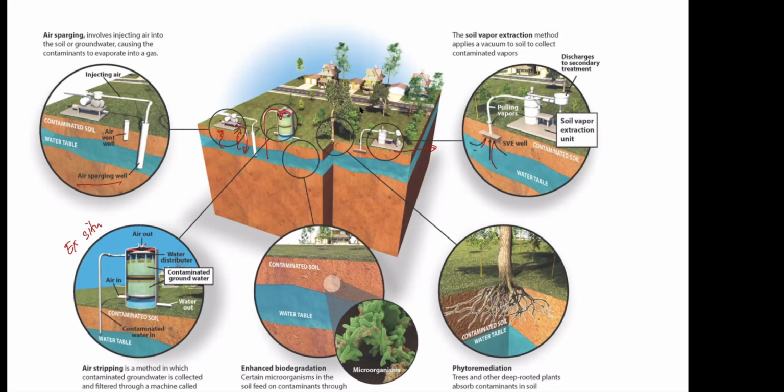So for the pump and treat method to be effective, sometimes it has to run for 100 years. 100 years of running a pump is very expensive. So that's why the pump and treat method is not used anymore unless it's really required, or it is always used in addition to something else.